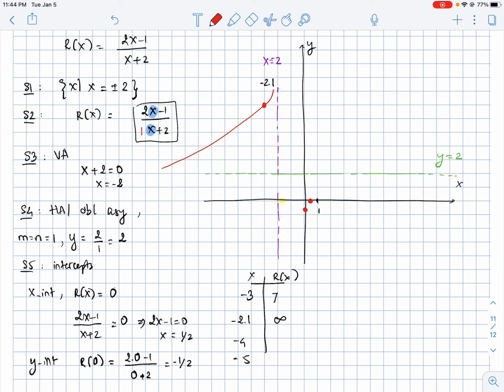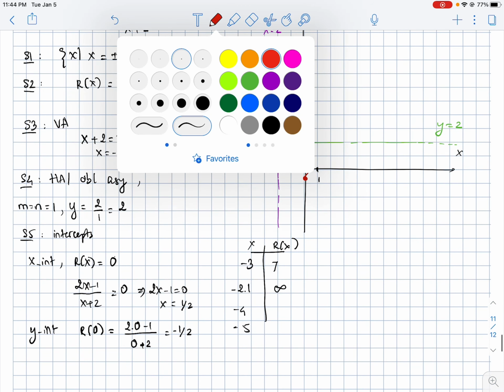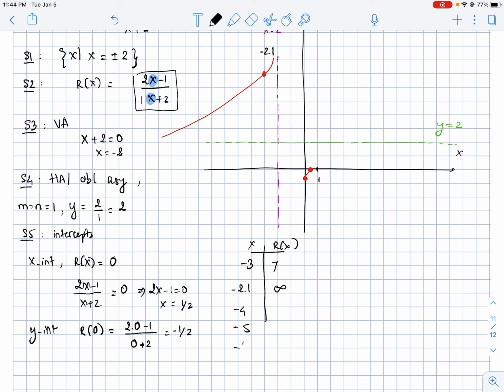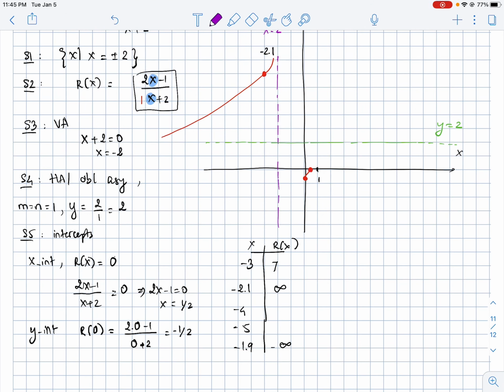Then you connect these 2 points. And then to make the one near the vertical asymptote, you're going to make negative 1.9, and you will get a very small number, a negative number. Okay, then you can make the curve that approaches the vertical asymptote at the bottom, like this.